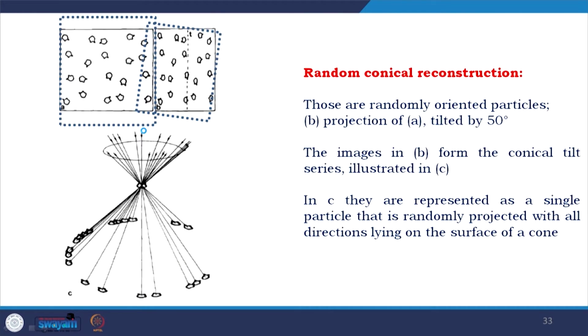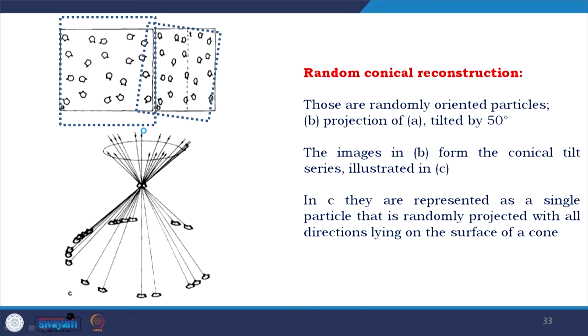This is the one. So, A, B, C, 3 parts of the picture, this is called random conical reconstruction. The randomly oriented particles in A are projected in B by tilting 50 degrees. The images in B which you are looking at form the conical tilt series.